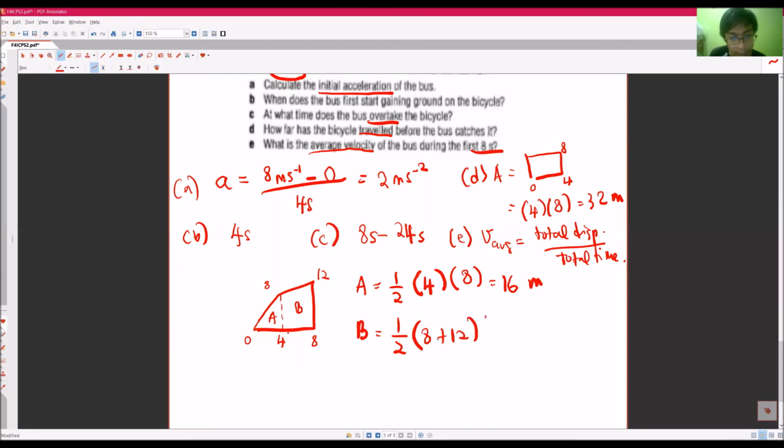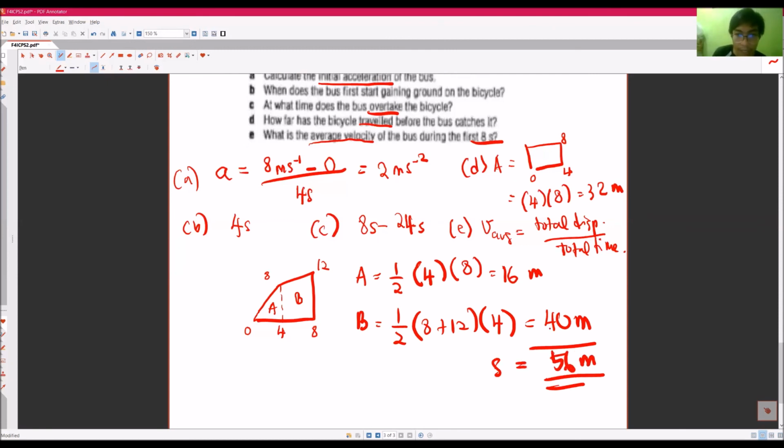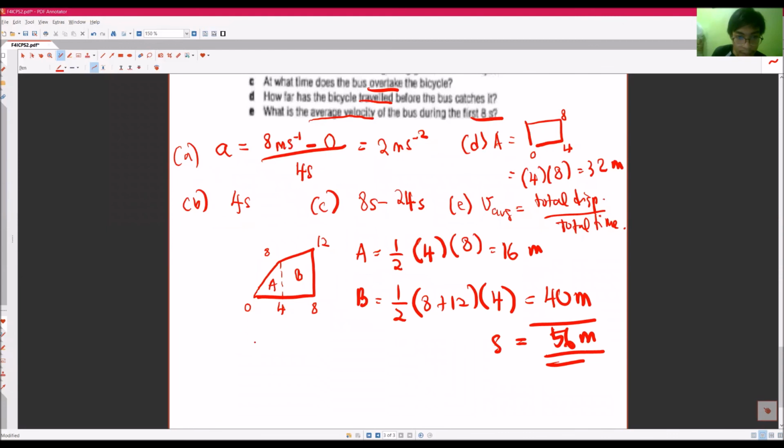And then the other side is 8 minus 4, which is 4. So 20 times 4 is 80. 80 divided by 2 is 40. So the total displacement is 56 meters. So we can calculate the average velocity: 56 meters divided by 8 seconds. So we get 9, I think. Oh, not 9, 7. 7 meters per second.